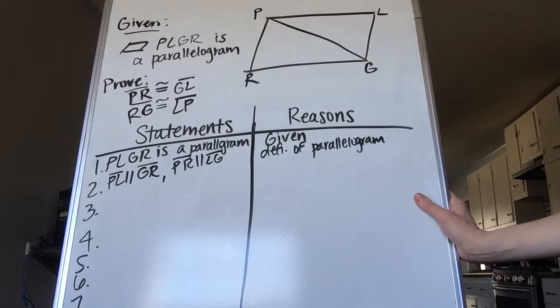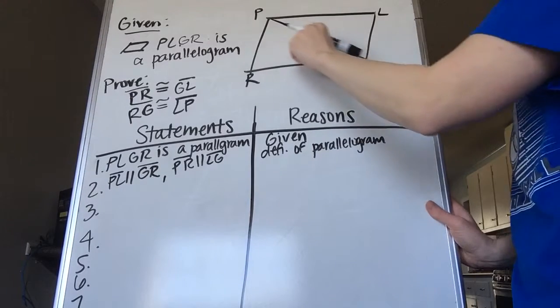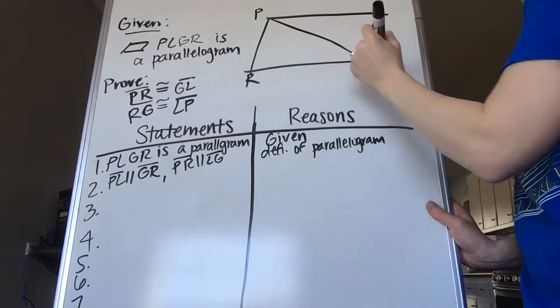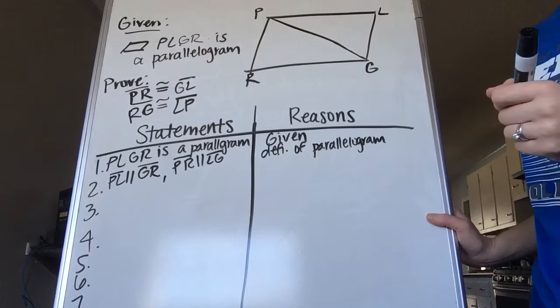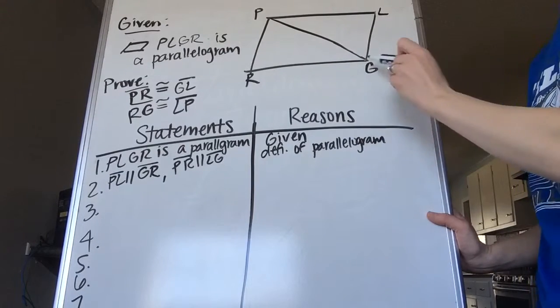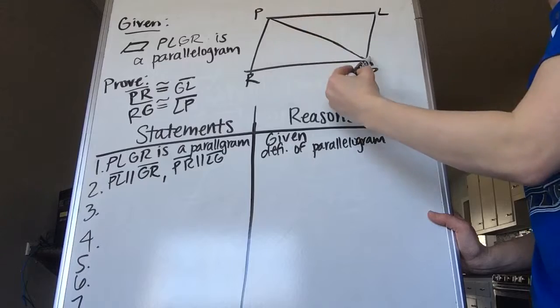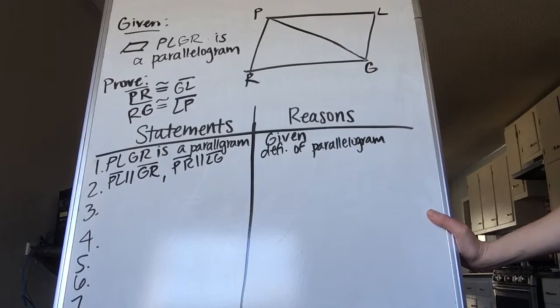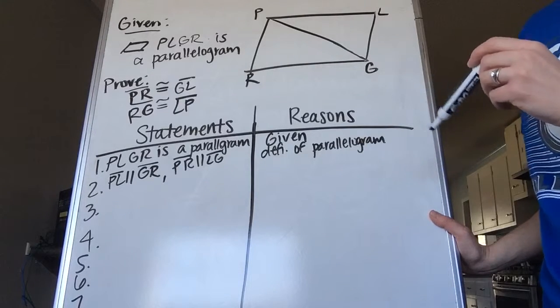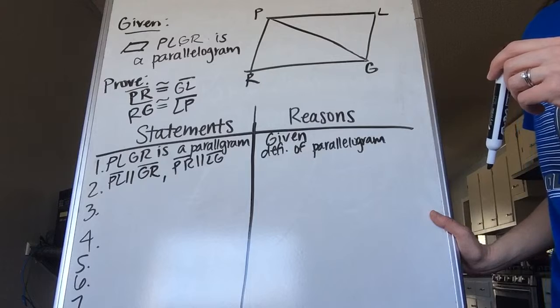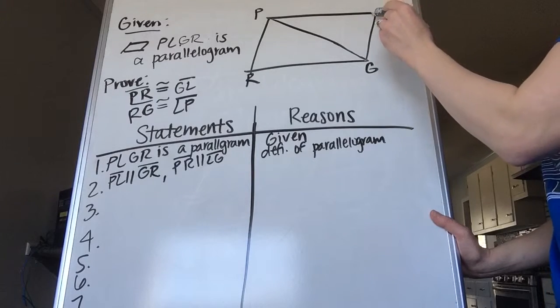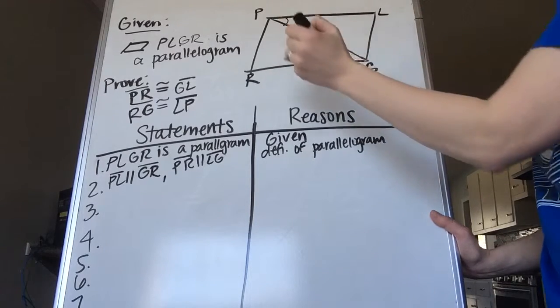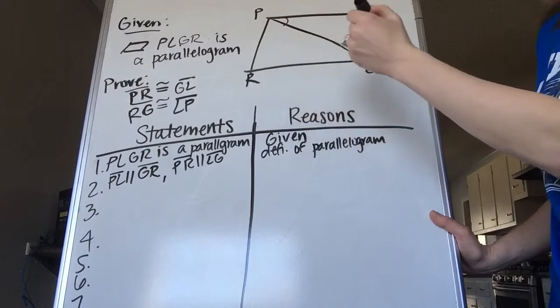So because those are parallel, what do we have going across this PG? It's a line, but it's cutting these angles right here. So it's acting as a transversal, creating alternate interior angles. Making sure that we're lining up our corresponding parts, it's LPG and then RGP.